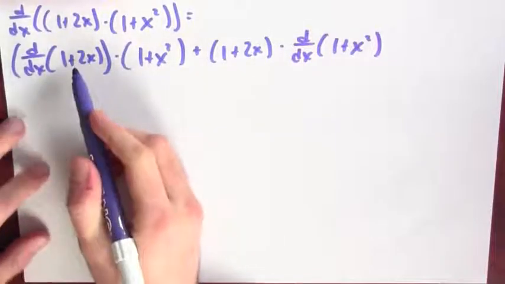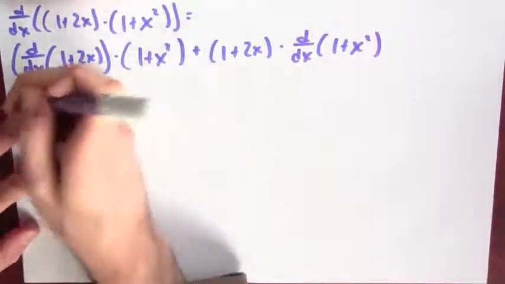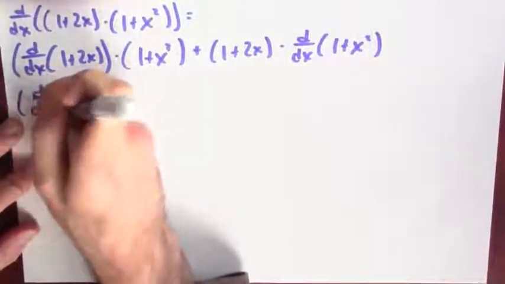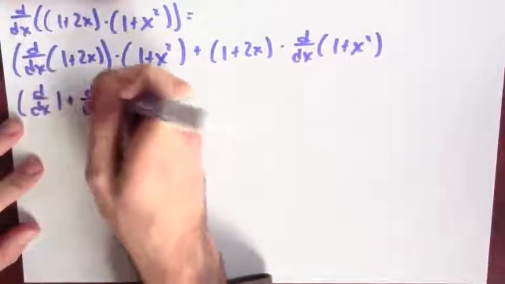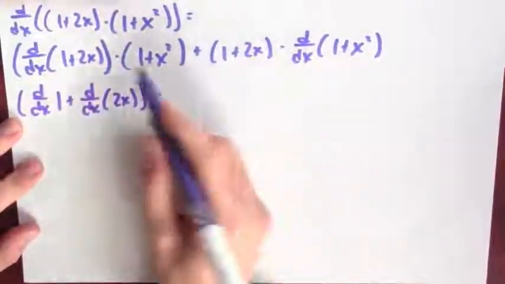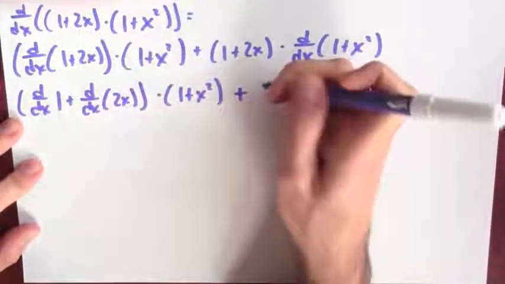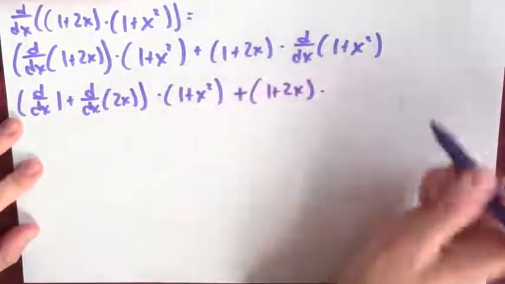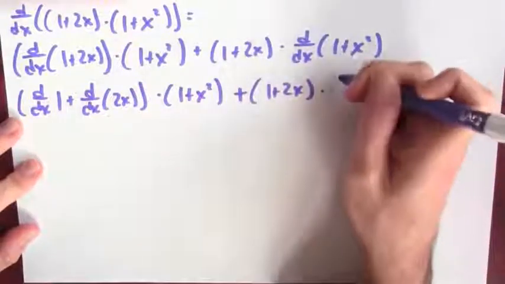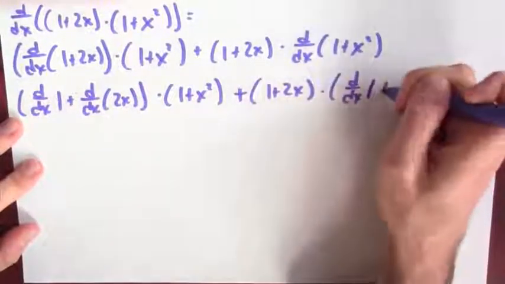Now this is the derivative of a sum, which is the sum of the derivatives. So it's the derivative of 1 plus the derivative of 2x times 1 plus x squared, plus 1 plus 2x times the derivative of a sum, which is the sum of the derivatives.